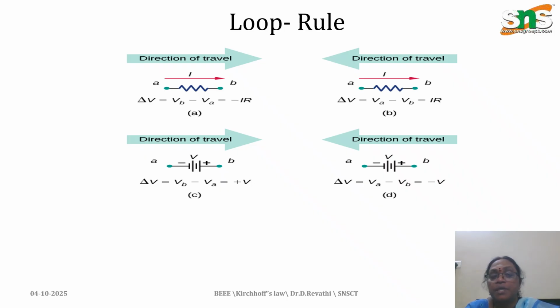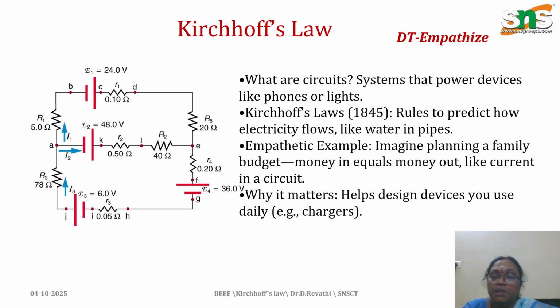If the current direction is A to B, we write minus I into R. If the direction of travel is B to A, we write plus I into R. Likewise for the battery: if A is connected to the negative and B to the positive, we write V. In the fourth image, node A is connected to the negative and B to the positive, and the current flows in the opposite direction, so we write minus V. Based on this rule, we write the equations for the Kirchhoff laws.